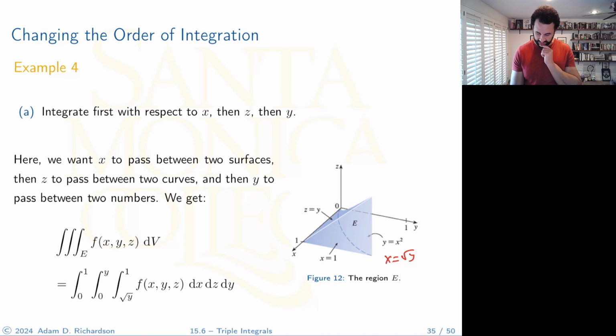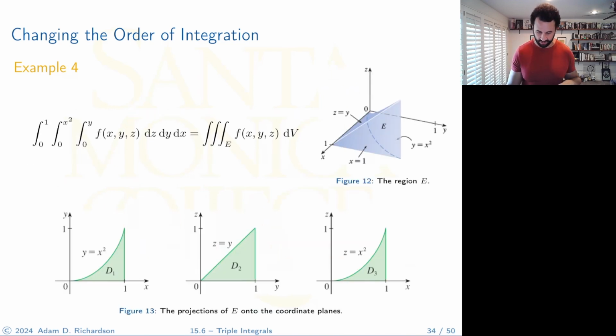So it's going to go between 0 and y, and that's where we're getting this. Let me go back to the projections for just a minute so you can see what z is doing. So z right here, this one, it's going to go from here to here. That's what we're saying. z equals 0 to z equals y. That's how z is passing between those.